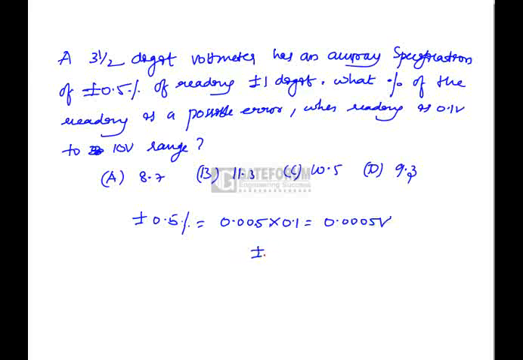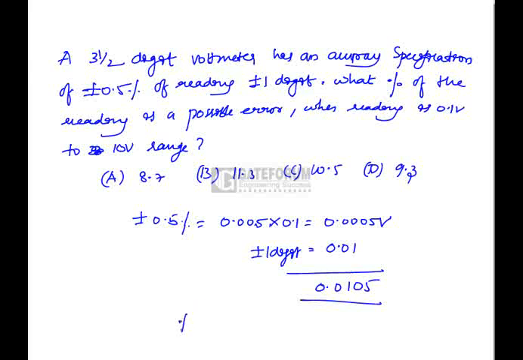Similarly, for plus or minus 1 digit, what does it mean? That is 0.01. What is the total value? 0.0105. This is the error for reading 0.1 volt on the 10 volt range.